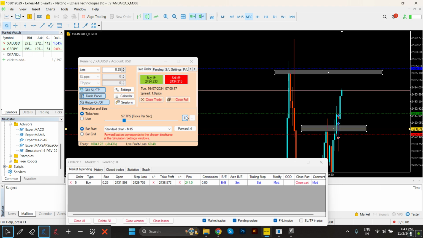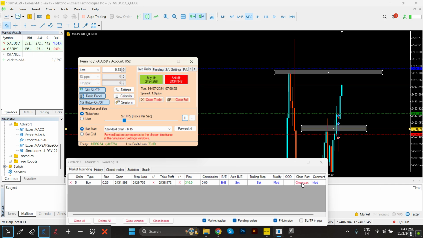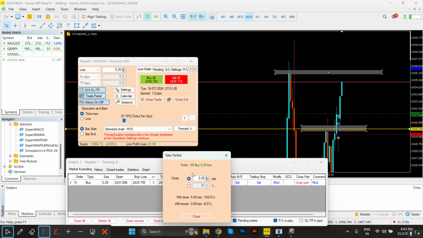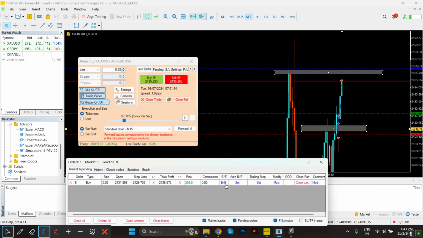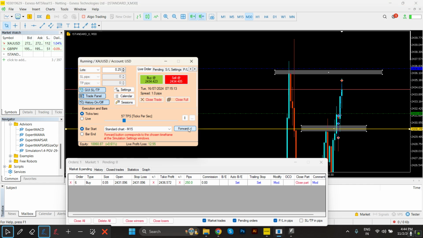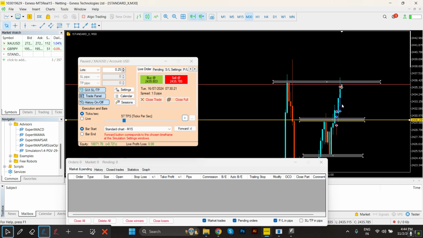Now this candle, oh wow, look at that, this candle is pushing up. I'll close partials here. We are running up around 32 pips, so 80% closed, and I'll keep my stop loss at break even. And yeah, we hit the TP. Very nice trade, very nice.